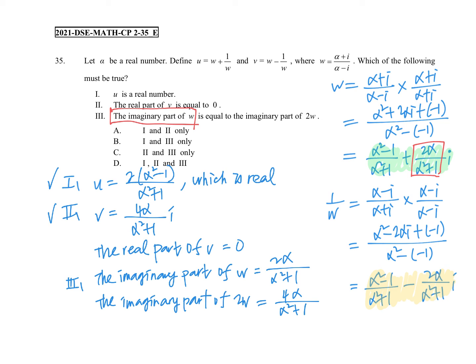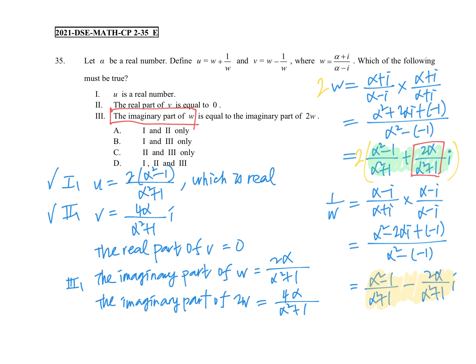Because we have the complex number W in the standard form, if we have 2W, maybe we can do it like this: 2W will be 2 times the whole thing. So the imaginary part of 2W will be 4 alpha over alpha squared plus 1.